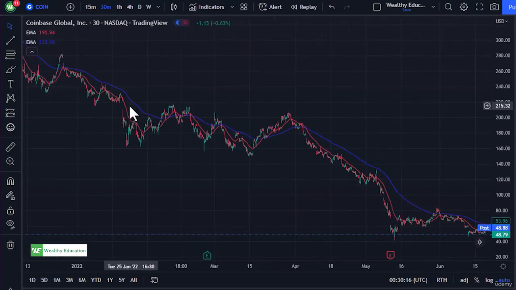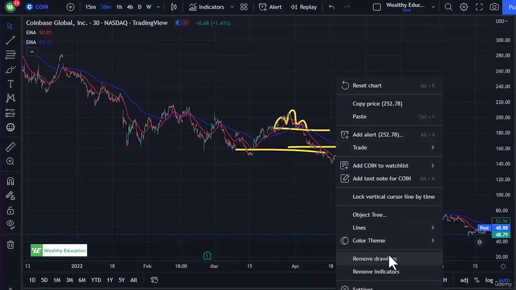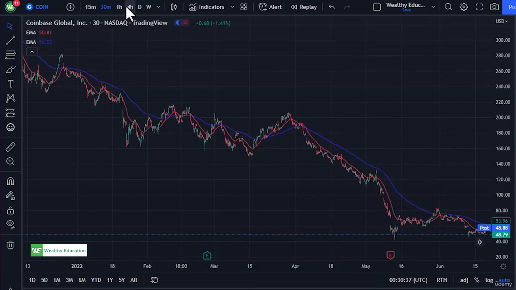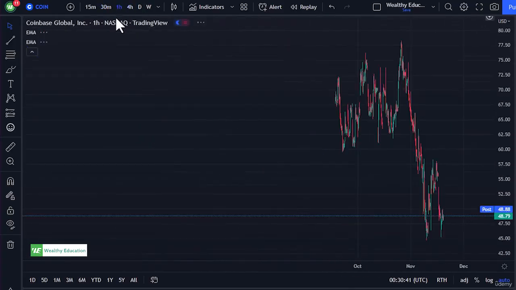Okay, so we've been drifting lower. Again, this is a recovery. But there's your little head and shoulders. Not a huge one, but we did get our target, which also coincided quite nicely with that previous support level. That's on the 30-minute chart, so it shows you how it can happen.